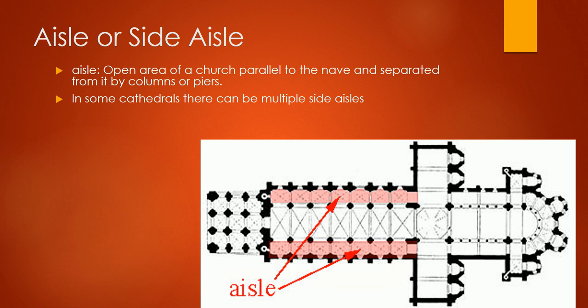Directly adjacent to the nave are the aisles or the side aisles. And the side aisles come in different configurations. They can be a single side aisle, they can be a double side aisle, even a triple side aisle. They can start as a single and go to a double and go to a triple and enlarge as they go back. Remember that there was an effect of those many things that we looked at as far as impacts on the shape of the building, right?